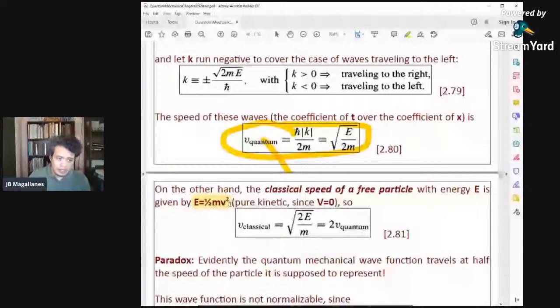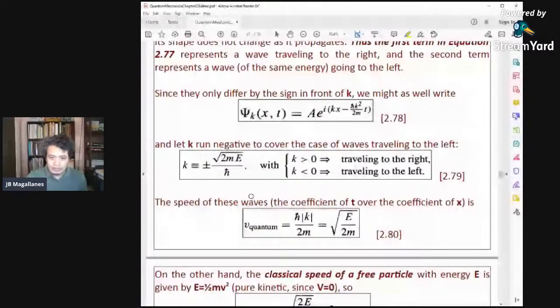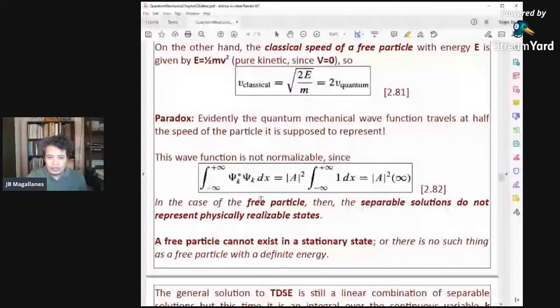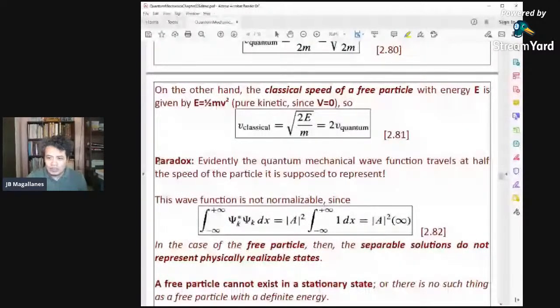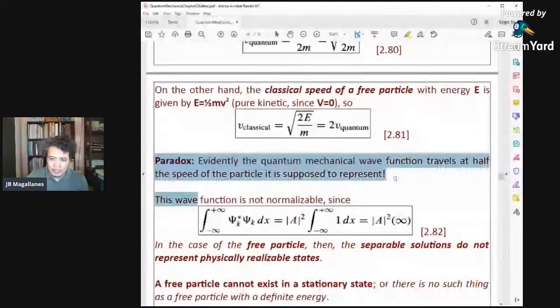So your speed would be 2 square root of E over 2m, twice the quantum speed. There's a paradox: the quantum mechanical wave function travels at half the speed of the particle it's supposed to represent.